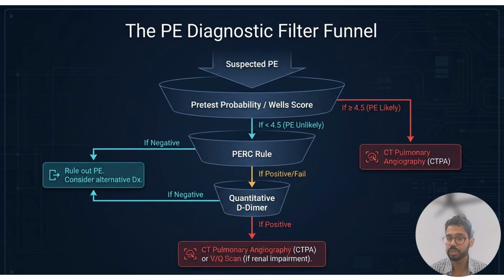If even one of them doesn't apply, then it's considered positive, so they fail the PERC, and then we do a D-dimer test. If D-dimer is negative, again, we can rule out PE. If D-dimer is positive, then we go ahead and do a CTPA or a VQ scan if the patient has a contraindication or if there's renal impairment.